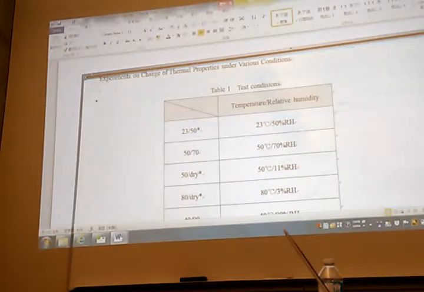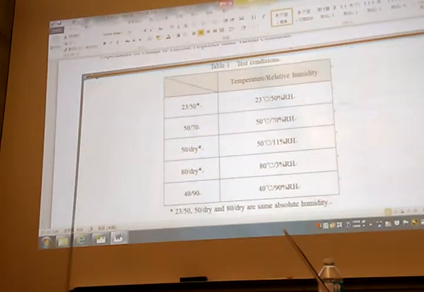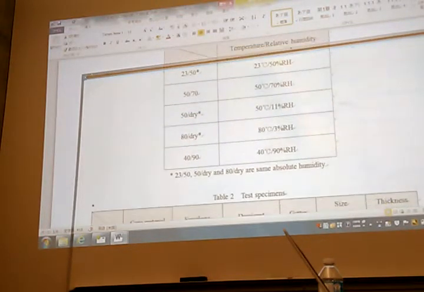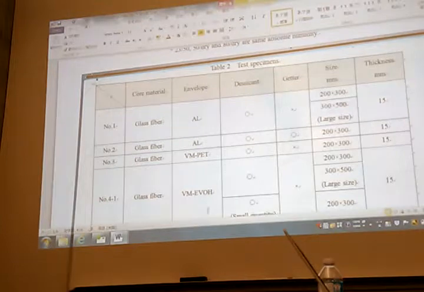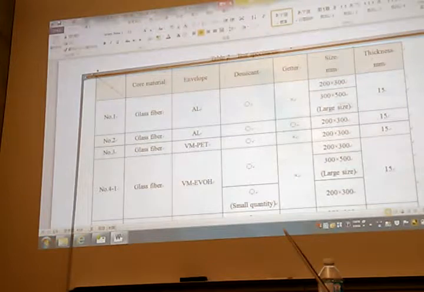And the other conditions we also performed there. The VIP samples, number 1 and number 2, number 3, number 4 are glass fiber, and the envelope is different, and the desiccant and getter conditions are also different. Number 1 contains only desiccant, and number 2 also contains getter.